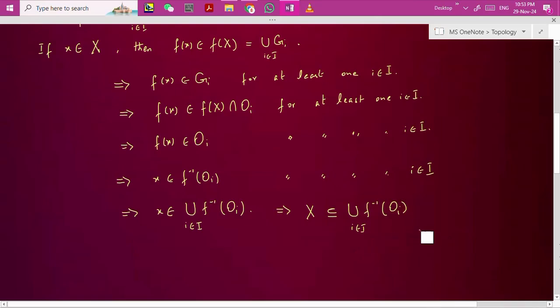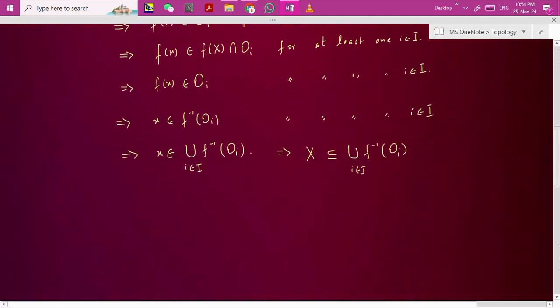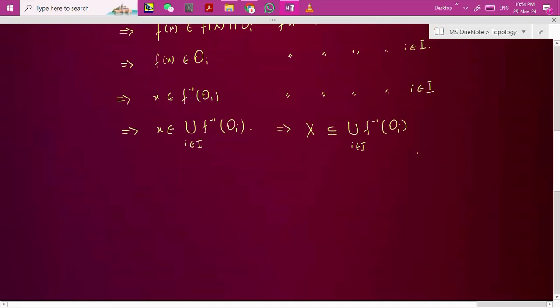Okay, because each OI is open in Y, and we have that f is a map from X to Y, which is a continuous mapping from the compact space X into a topological space Y. So since f is continuous, the inverse image of each open set in Y is open in X, and since OI is open in Y, its inverse image f inverse OI is open in X. So each f inverse OI is open in X. So ultimately these are the open sets of X, and X is a subset of the union of all these open sets.